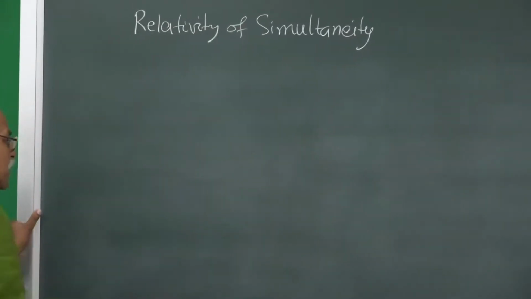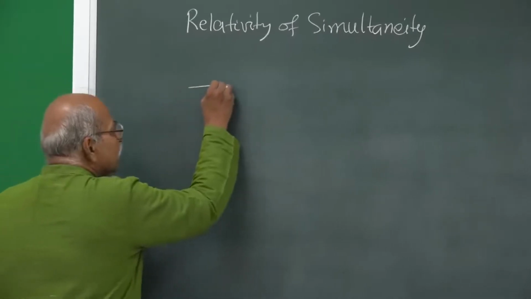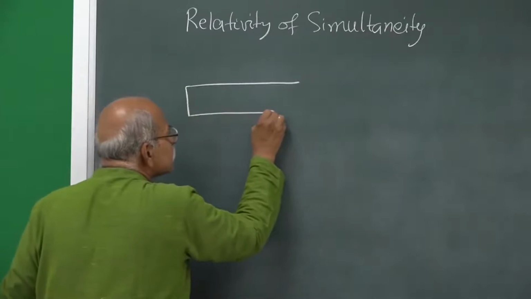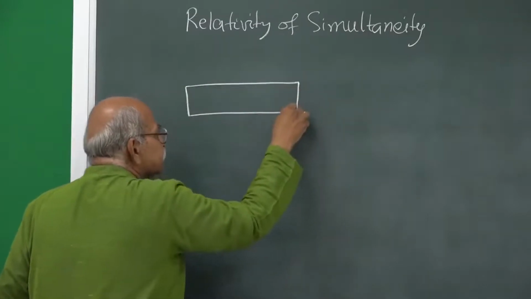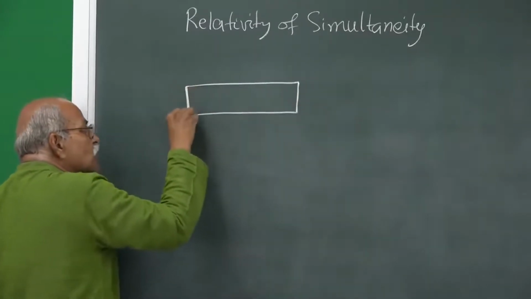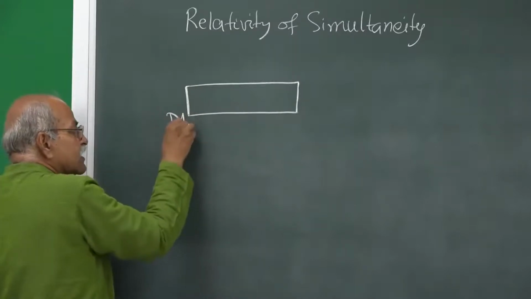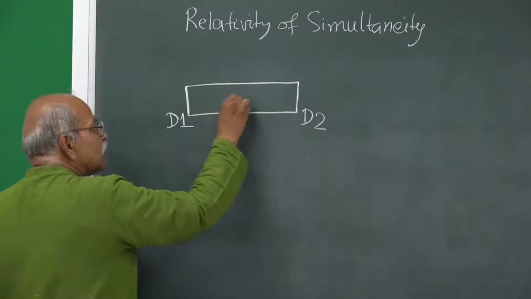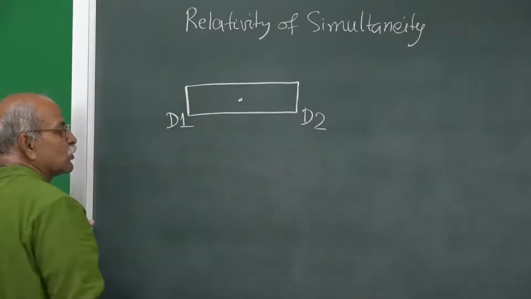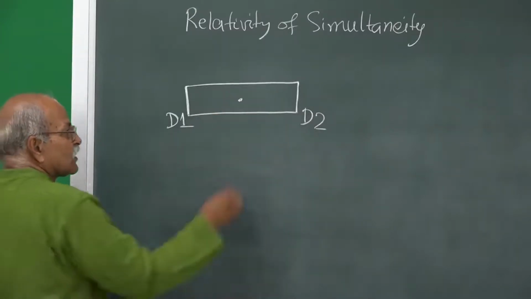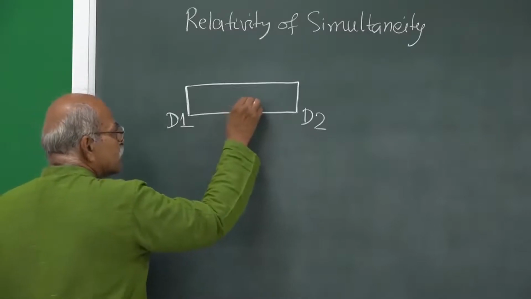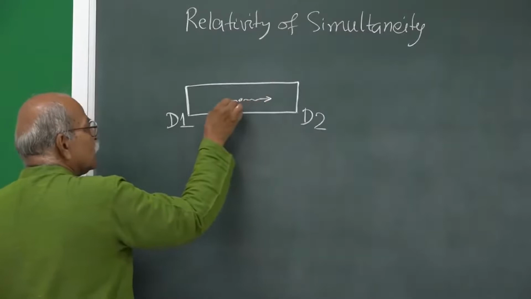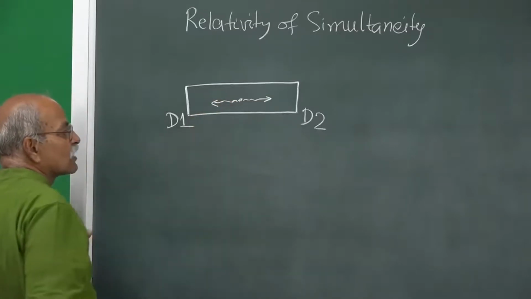First, let me take an example. Suppose you have a long tube box, and here there is a door D1 and here there is a door D2, and right at the middle there is some source of light, and then this emits light in all directions, one going in this direction, one going in this direction.